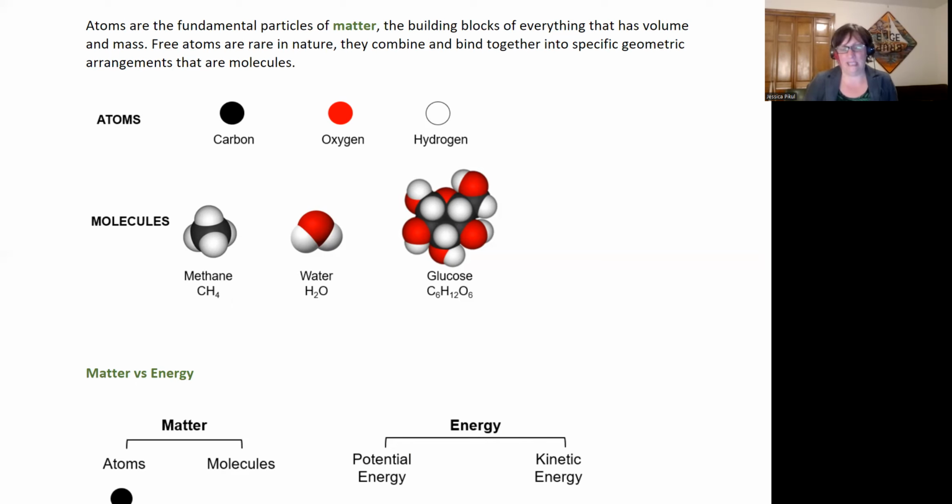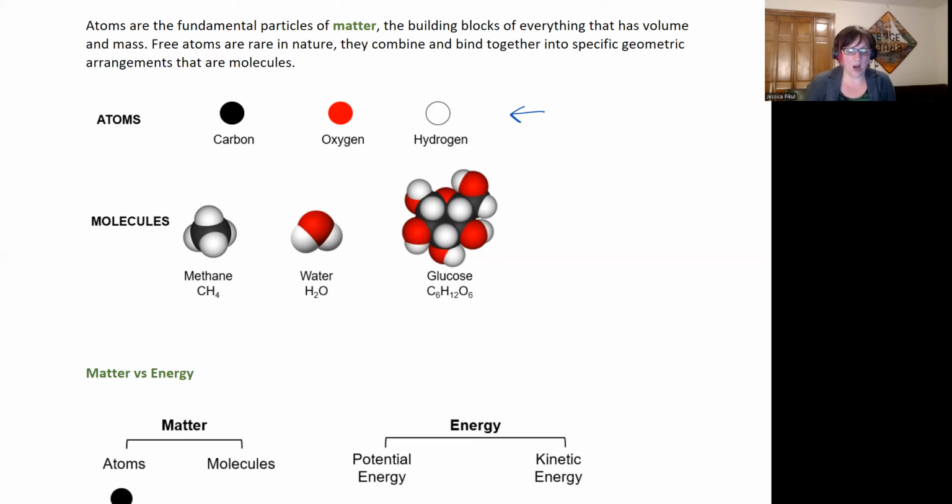Molecules make up us. They also make up plants. They make up lots of things. So here I just have carbon, oxygen, and hydrogen, three very common atoms in organic matter, which can combine in a lot of different ways to make completely different things.